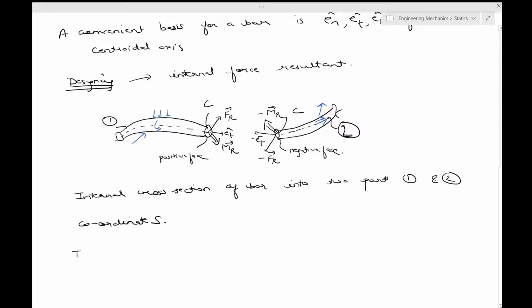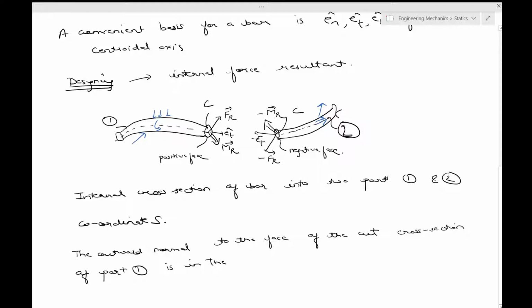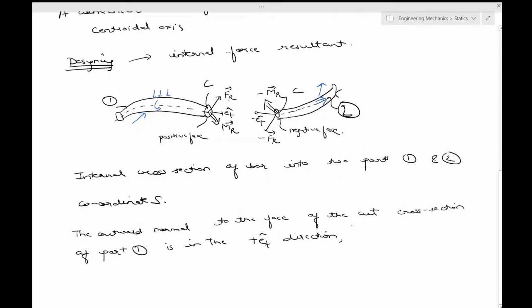The outward normal to the face of the plane of the cut cross section of part 1 is in the plus e_t direction. This is called the positive face.